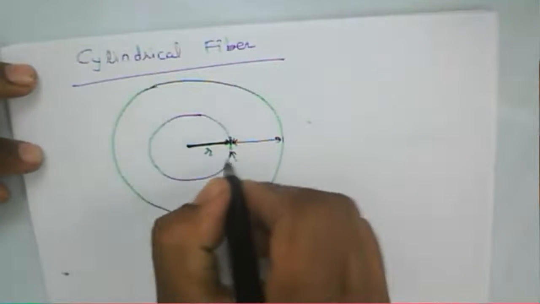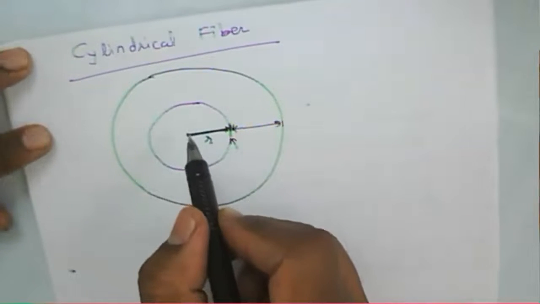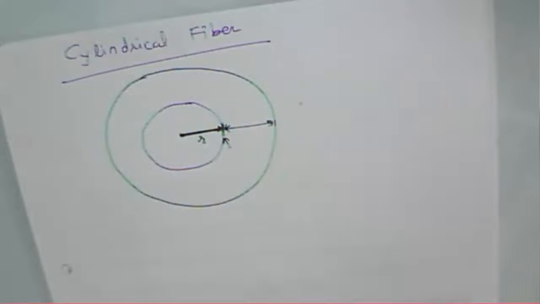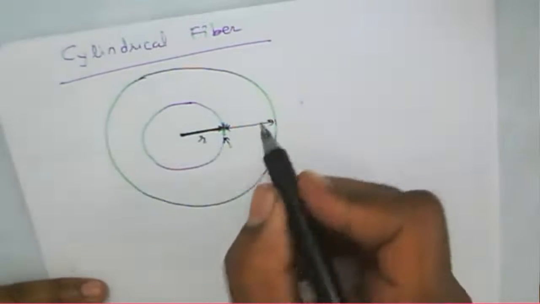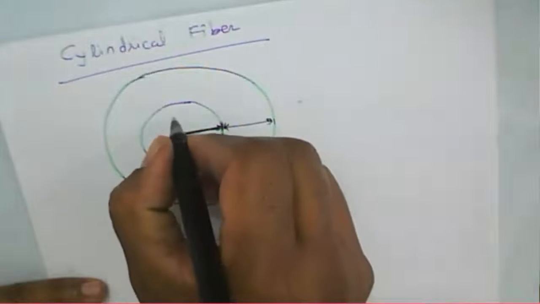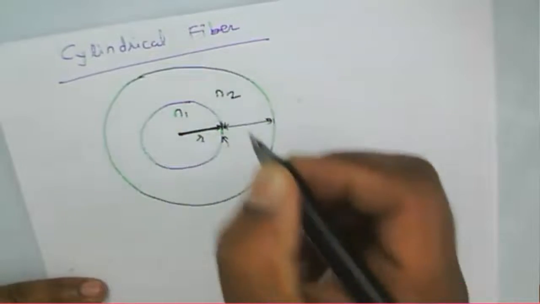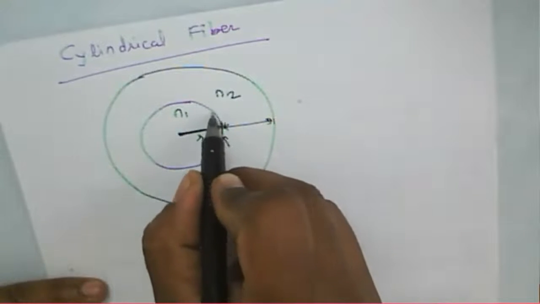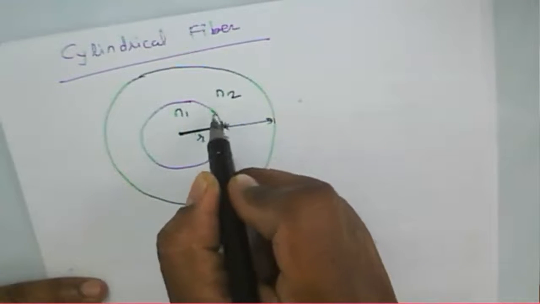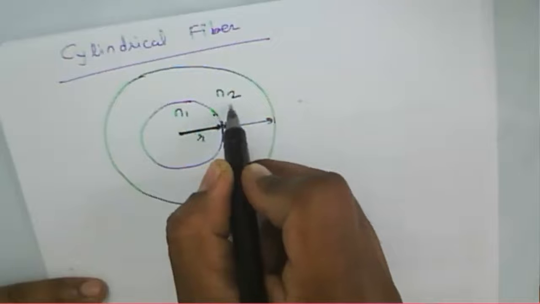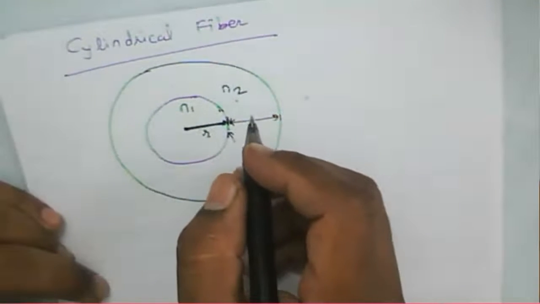Throughout the core the refractive index is constant, but only at the boundary of core and cladding is there an abrupt change in the refractive index. We say that n1 is the refractive index of the core and n2 is the refractive index of the cladding. Up to the boundary it is the same n1, but beyond it there is an abrupt change in the refractive index.